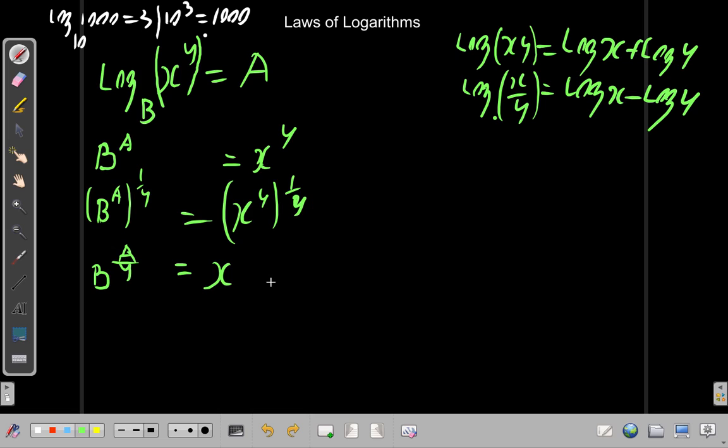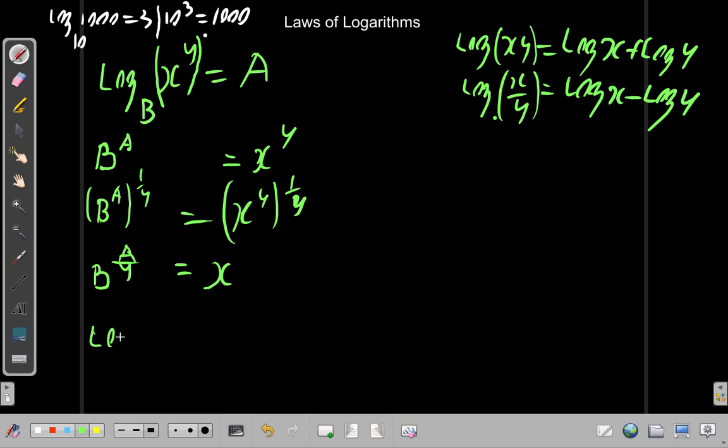Now the thing is, what I want to do is convert this from index form to log form. Alright? So let's do that. In index form, remember, you're raising 10 to the power. 10 is the base in index form. It is also the base in log form. So 10 to the power of in index form becomes the base of the log in log form. So in this case, you're raising b to the power.